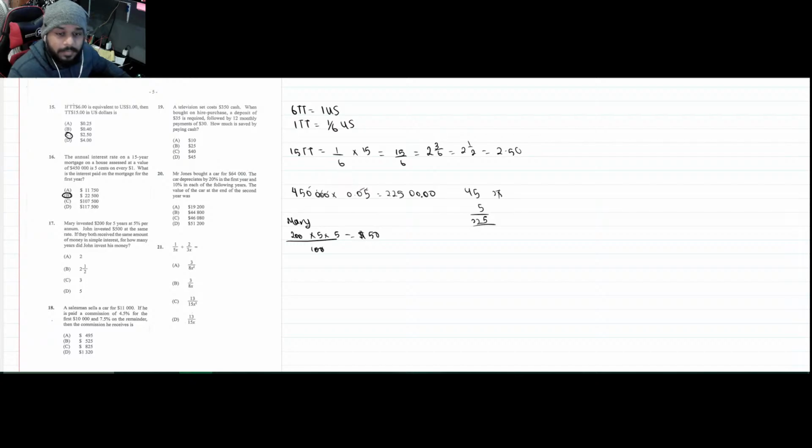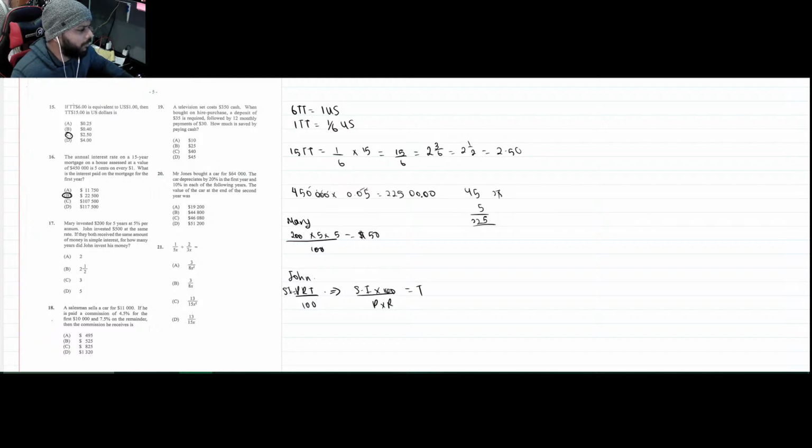John gets the same interest. We want to know how many years John invested. So John, we have principal by rate by time over 100. Well, simple interest is that. Sorry for the small writing. If I rearrange to get time, I get simple interest multiplied by 100 over principal by rate.